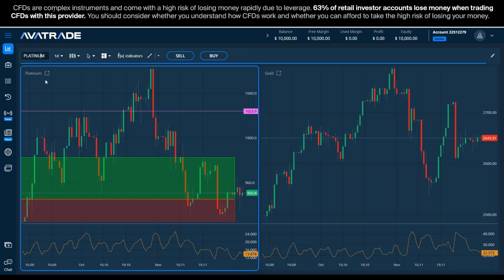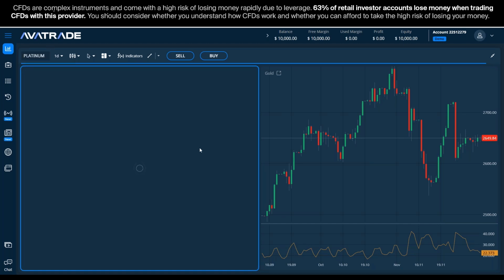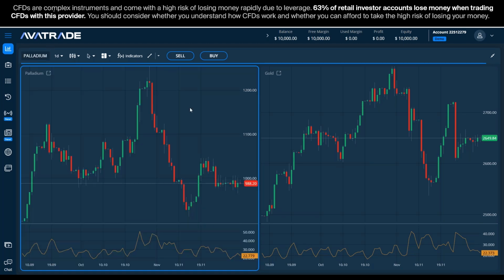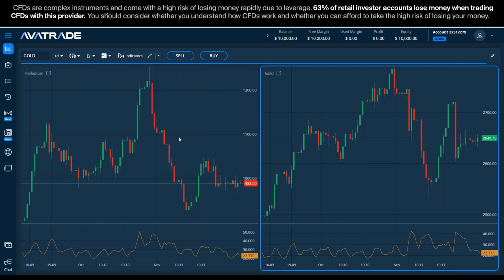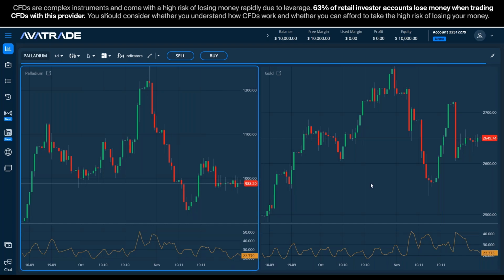But still, I would just like to show you guys. Yeah, it's a little difficult to see, but as you can see, gold is more than twice in its value than, oh, there is another.